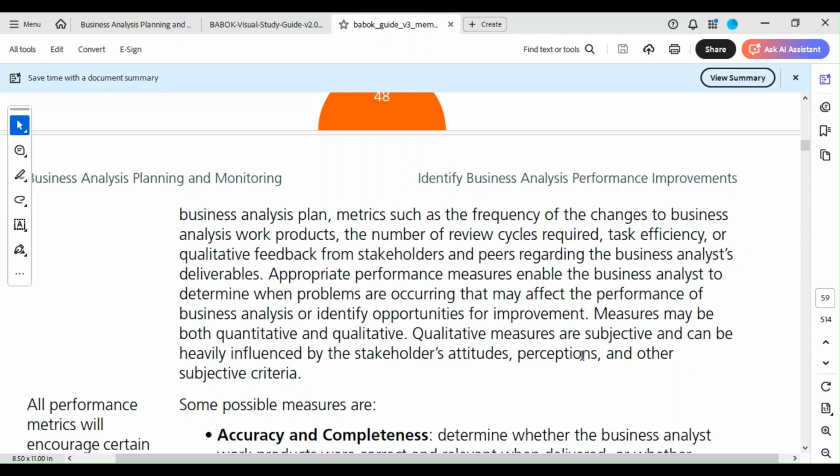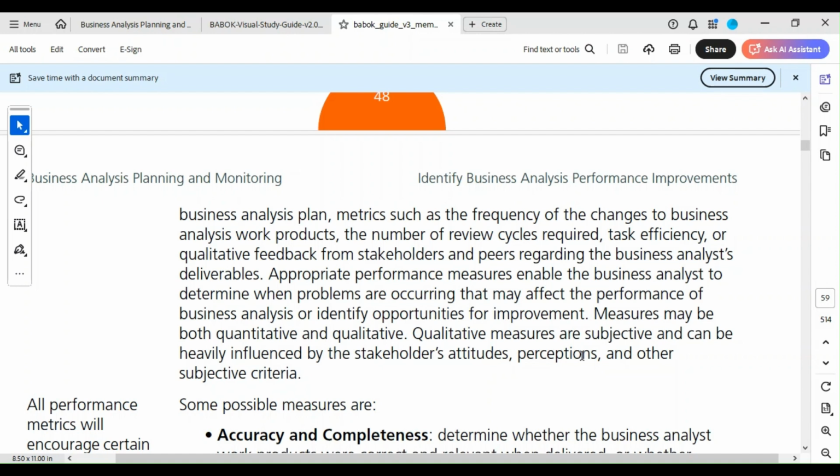Qualitative measures are subjective and can be heavily influenced by stakeholders' attitude. When it comes to qualitative measures, it can be subjective, because it's like theory. You can't see it in terms of numbers, like, oh, we are doing 100%, you are doing 80, or 70, or 3.5.